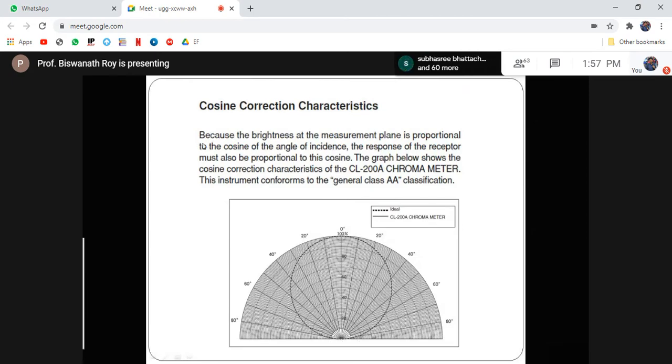So what is written here, let me read. Because the brightness at the measurement plane is proportional to the cosine of the angle of incidence, the response of the receptor must also be proportional to this cosine. So it is almost matching, right? The dotted line is the ideal one, and this continuous line is for the chromometer; it is almost matching.